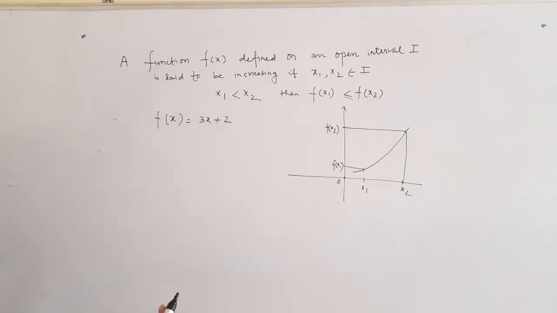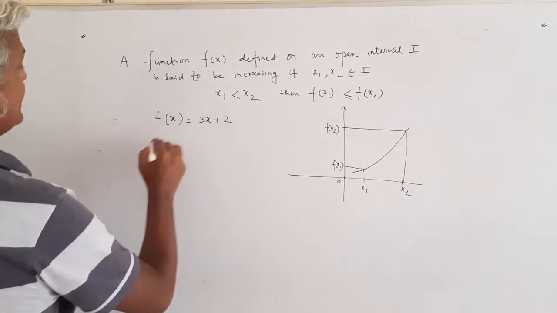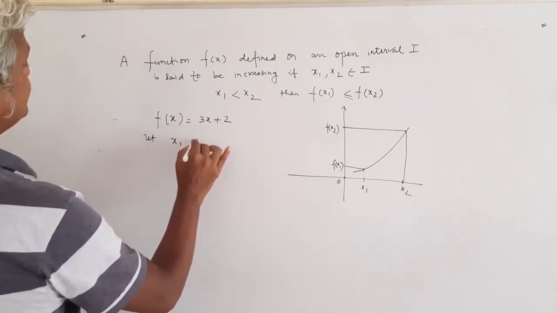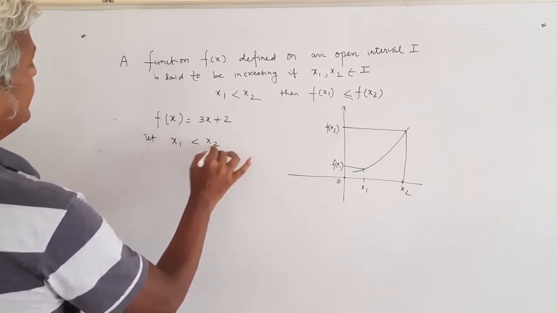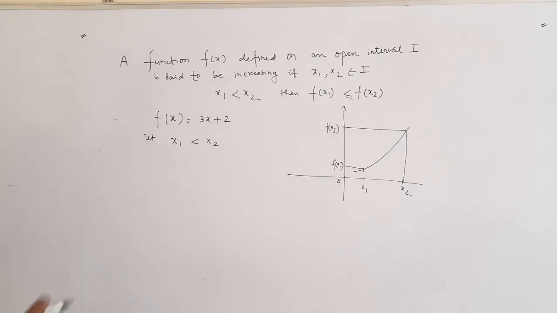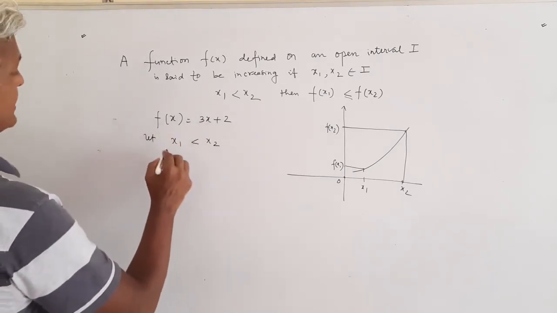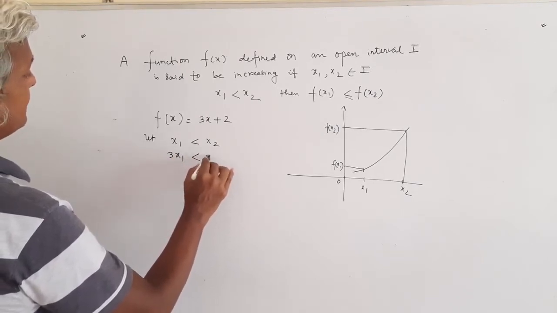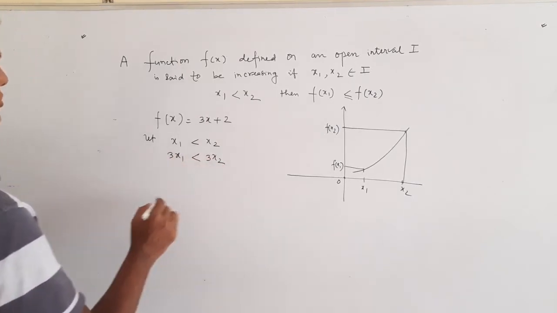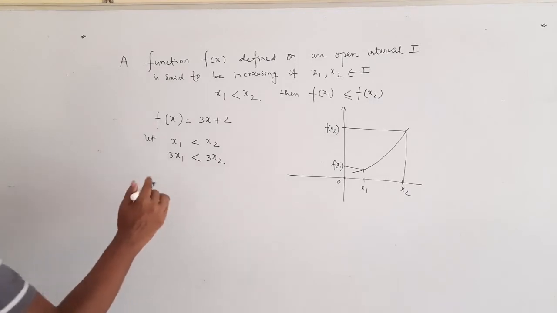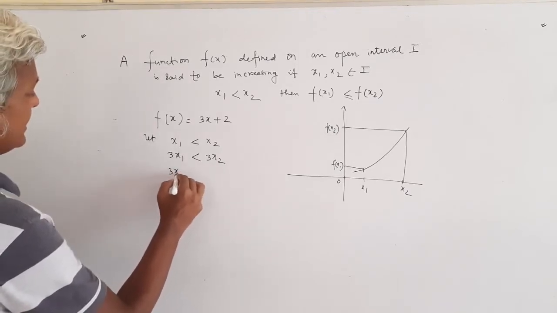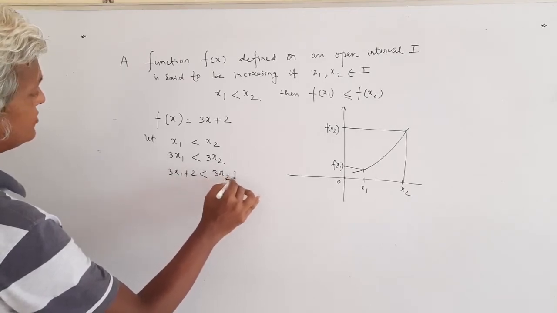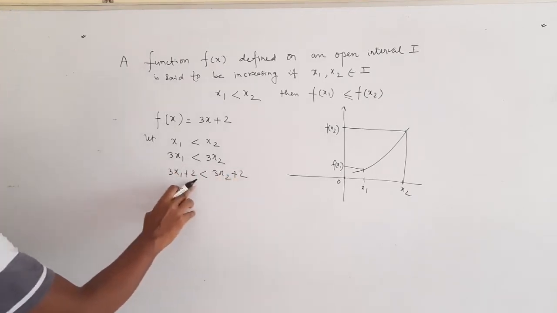Is it increasing? So the answer is: let x1 be less than x2. Then you multiply by 3 on both sides, so you get 3x1 less than 3x2. Then you add 2 on both sides, so 3x1 + 2 less than 3x2 + 2. Now see, what is 3x1 + 2?